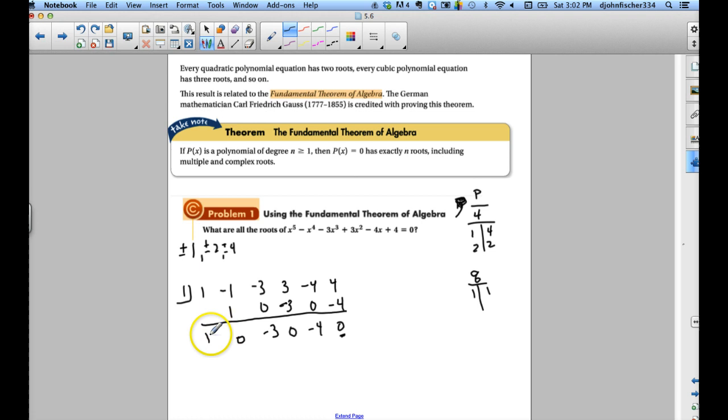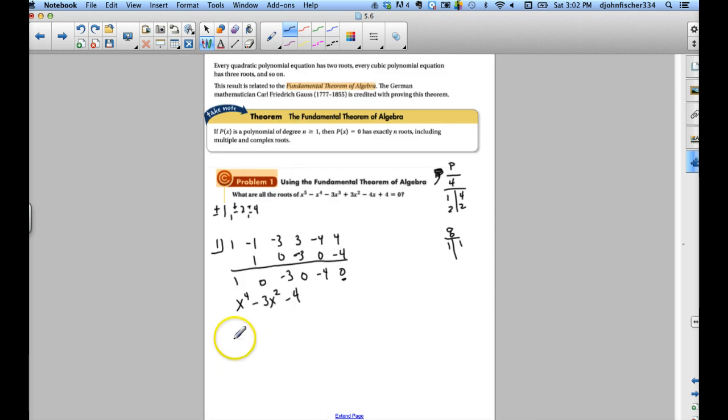So now what we know, we started with x to the 5th here. We can break this down to x to the 4th, no x cubed, minus 3x squared, minus 4. And now we can use some factoring methods on here. Sometimes it works and sometimes it doesn't. Now if I set this up, we can go x squared and x squared.